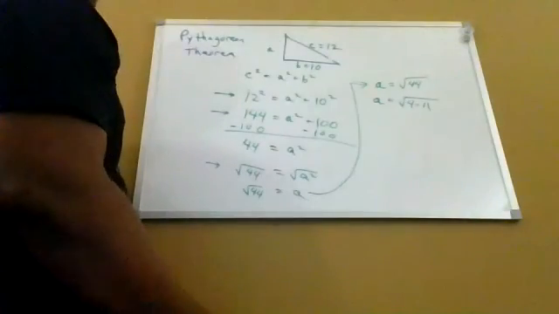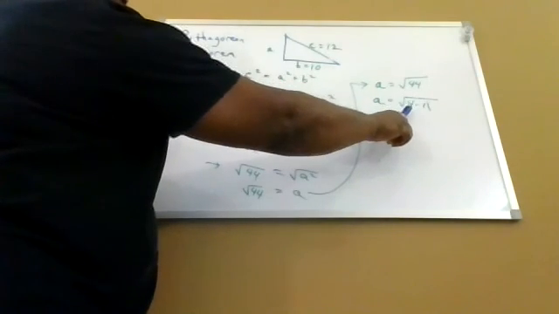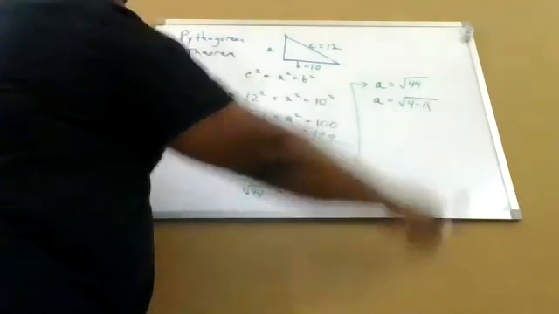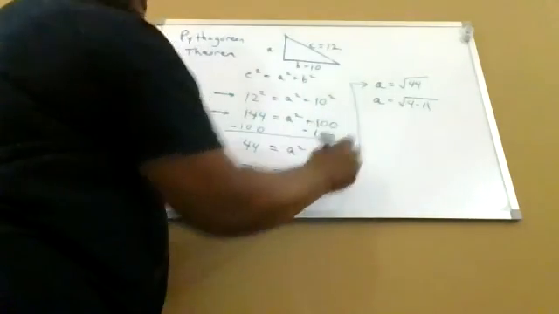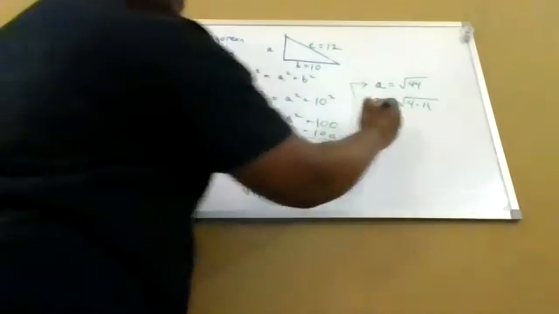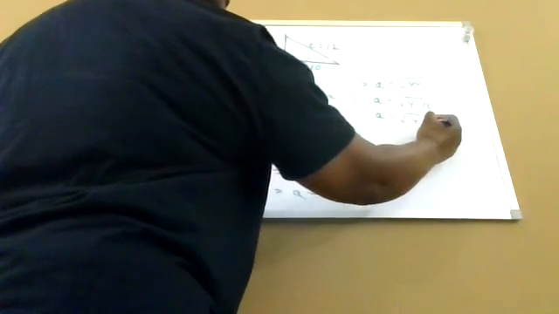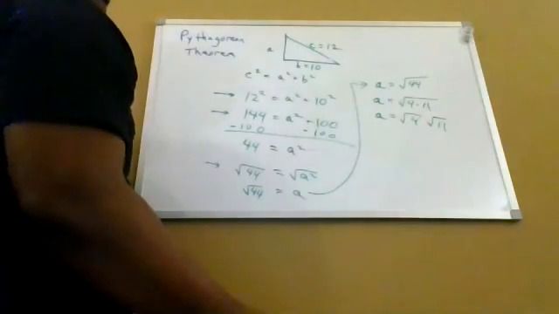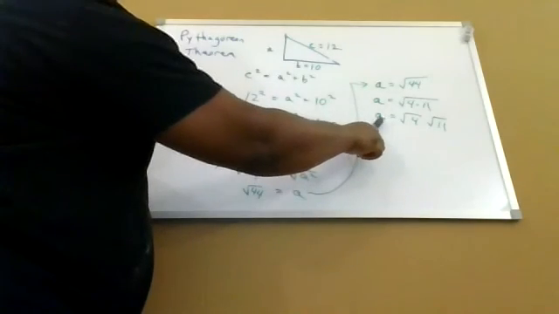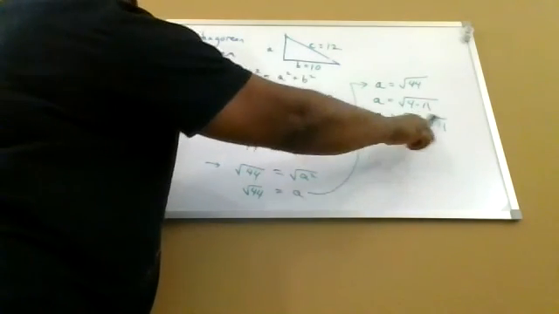I've rewritten this as a equals the square root of 4 times 11. Now I can rewrite this as a equals the square root of 4 times the square root of 11.